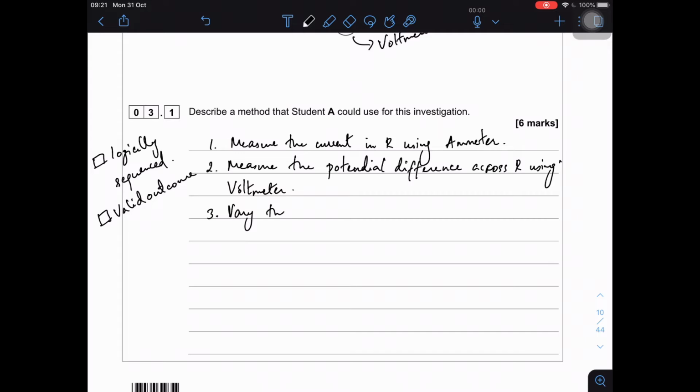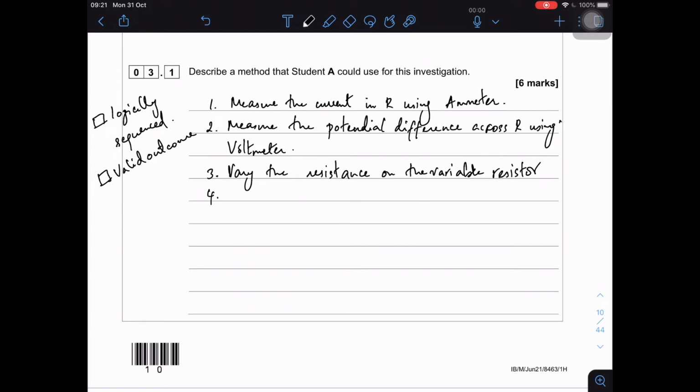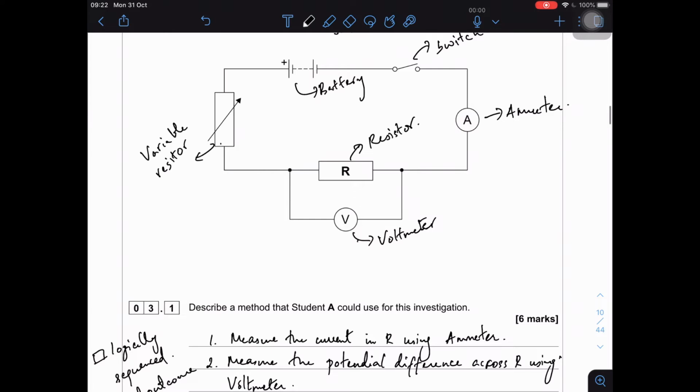Vary the resistance on the variable resistor. Record the values of current and potential difference. So on the variable resistor, you're going to slide it up and down.